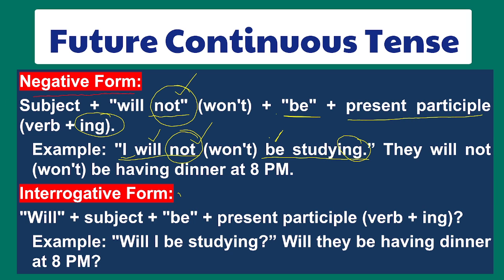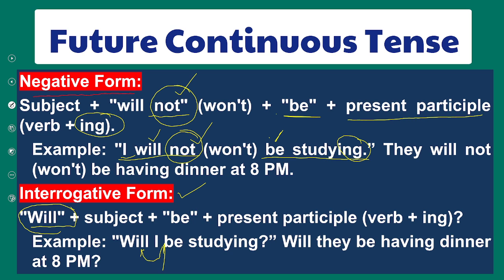Now we have the interrogative form. How to make interrogative form? The same thing which we have done in the simple future tense, we just have to insert the helping verb will or shall before the subject. So after the subject there is a modal verb will or shall. What we have to do to transform it into an interrogative sentence? We insert this modal verb before the subject.